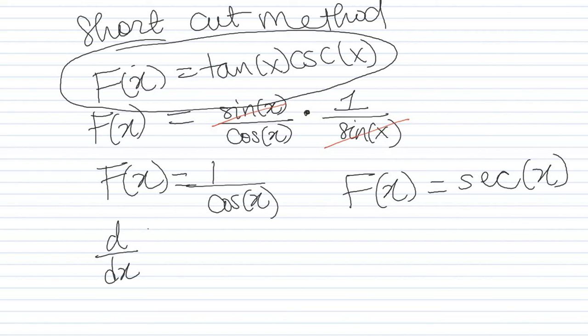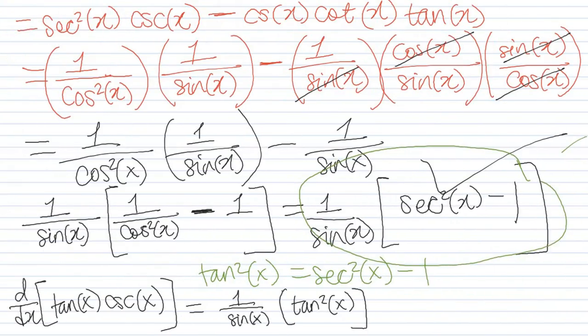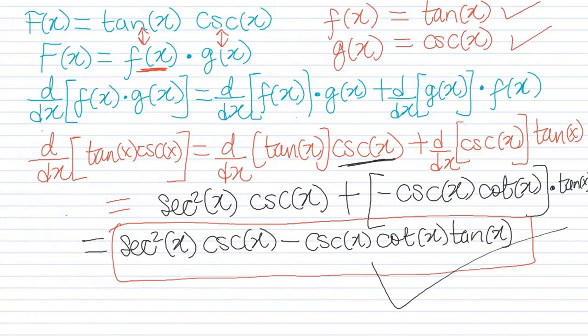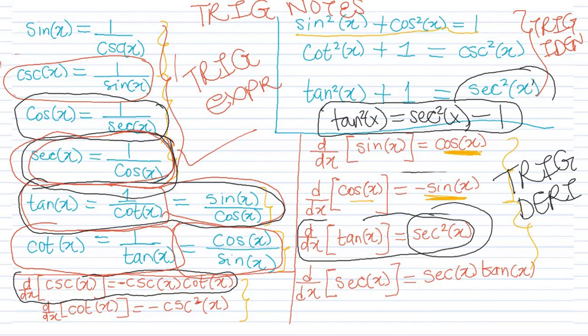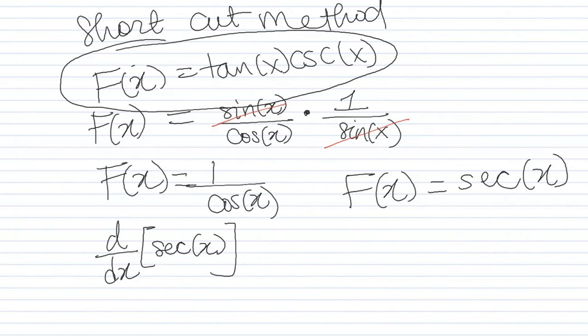So the derivative of f of x, or derivative of secant x right here, not too much to worry. Like I said, if you're in an exam and you're trying to hasten up, if it's a multiple choice question, what's the derivative of secant x here? The derivative of secant x is the same thing as secant x tan x. So our answer here is secant x tan x.